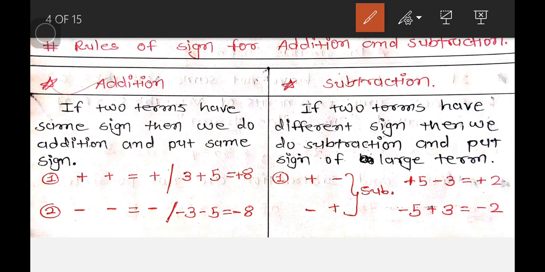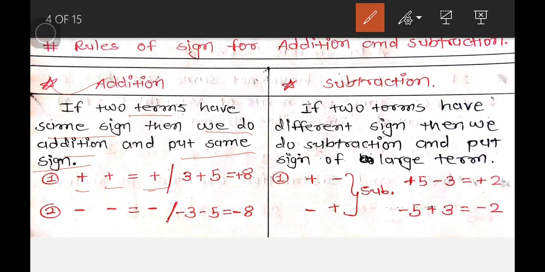In addition, if two terms have the same sign, then we do addition and put the same sign. Here given the example, if the first term has positive sign and the second term has positive sign, then we do addition and then we put the same sign as given here.